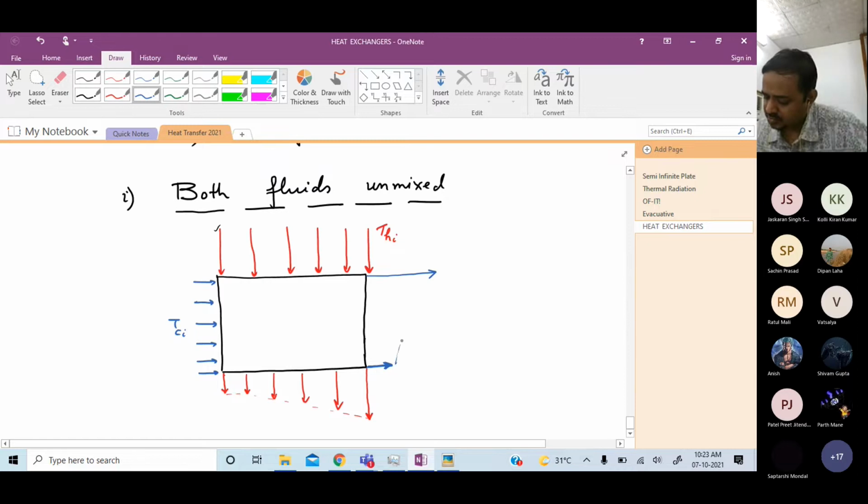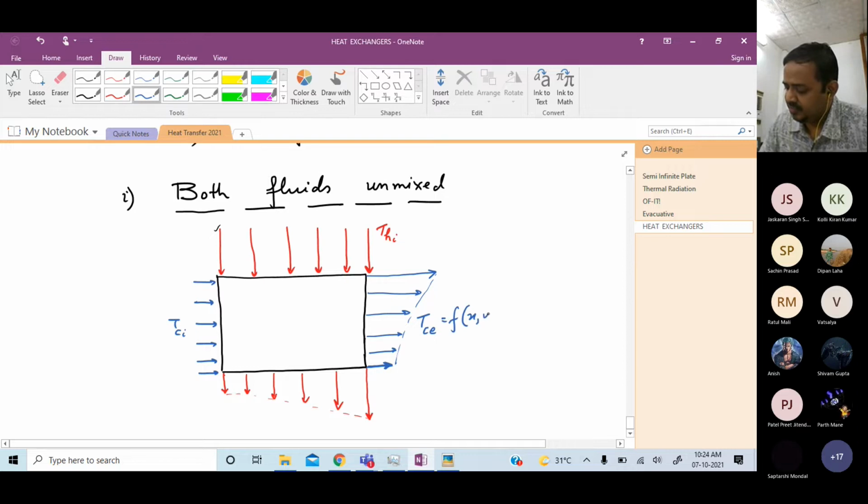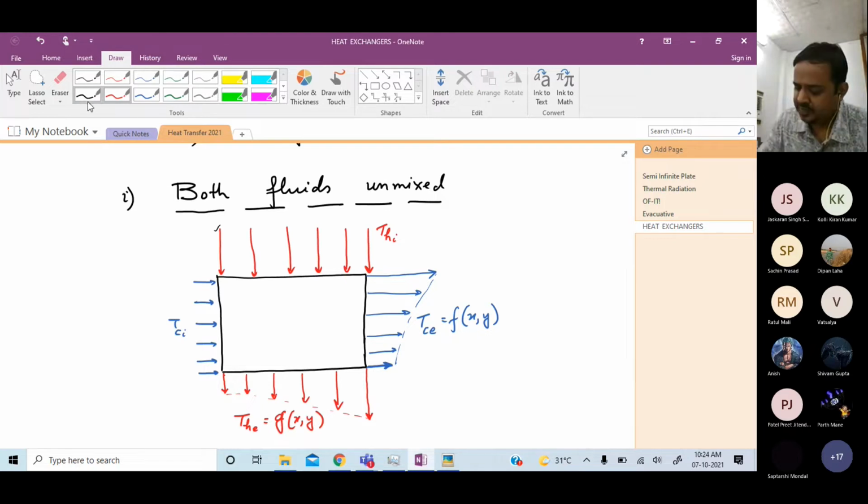So I'm going to see a temperature profile here as well. Okay, so TCE is going to be a function of both x and y. Similarly, THE will also be a function of both x and y.